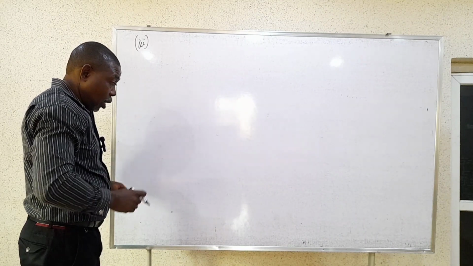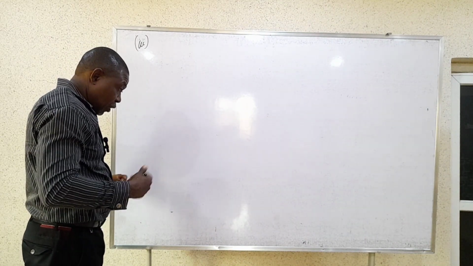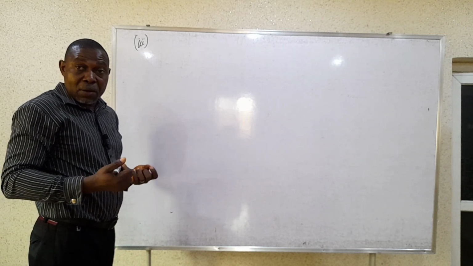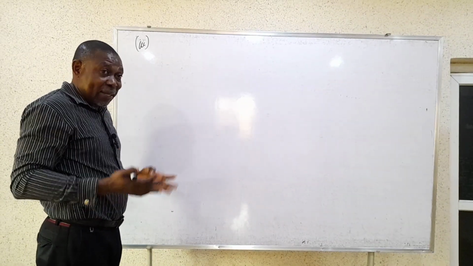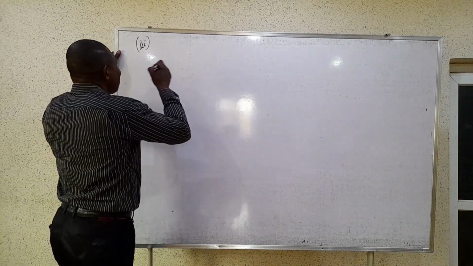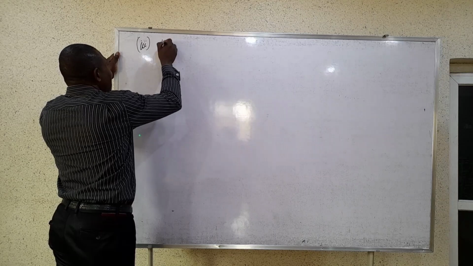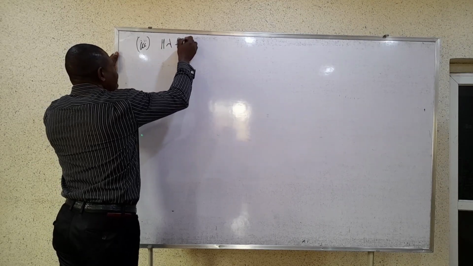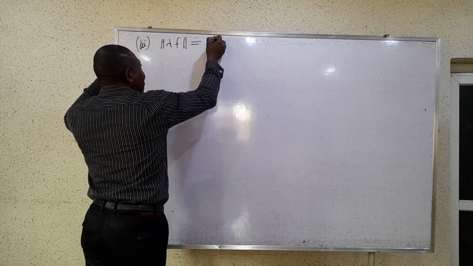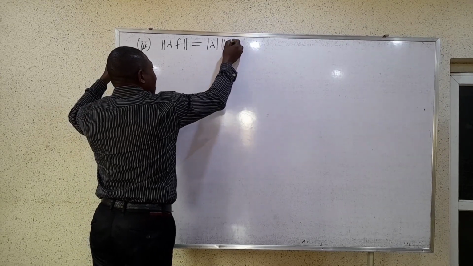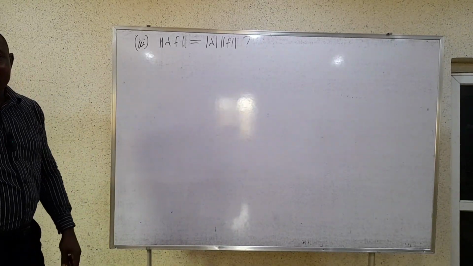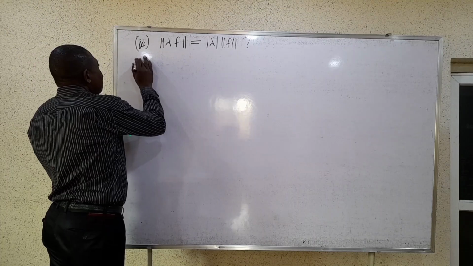The third condition: that for any f we pick in C[a,b] and for any lambda in R, the norm of lambda f is equal to absolute value of lambda times the norm of f. So we check that. We go by definition.